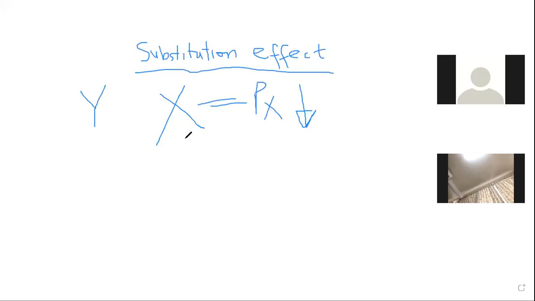The price of food reduces, so food becomes cheaper than clothing. So what a consumer naturally would do is, oh, now food is cheaper, so instead of buying 5 clothes, I will buy 3 and buy more food. That increase in food consumption because of this phenomenon is what is referred to as the substitution effect of the price change.